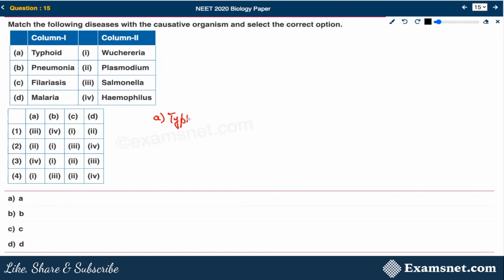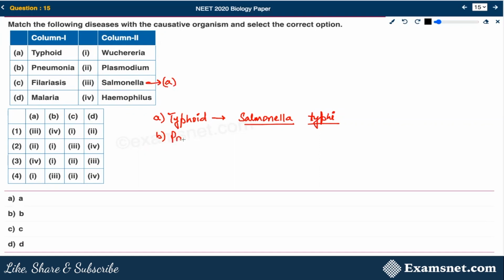Now typhoid is caused by a bacterium which is known as Salmonella typhi. So this is caused by Salmonella typhi. Clear? So this will go with option A. Clear?